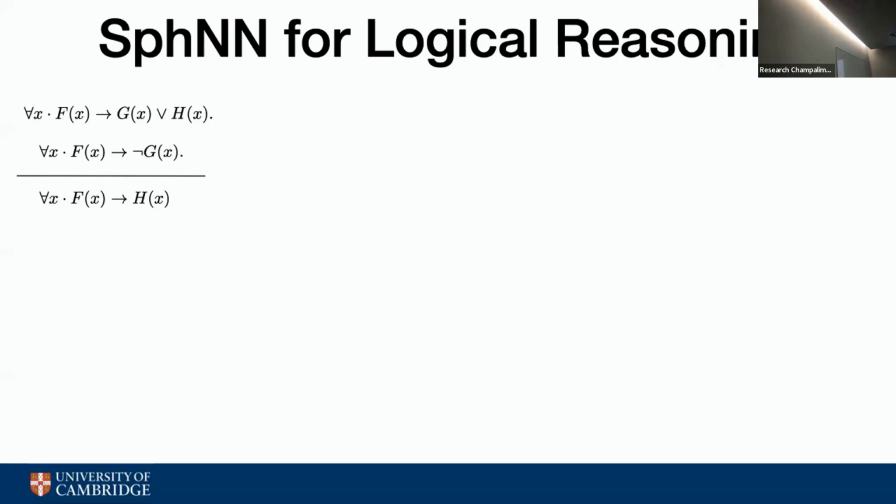In the sphere neural network, the input is symbolic, but it creates circles in the embedding space. No pixels, just the statements.